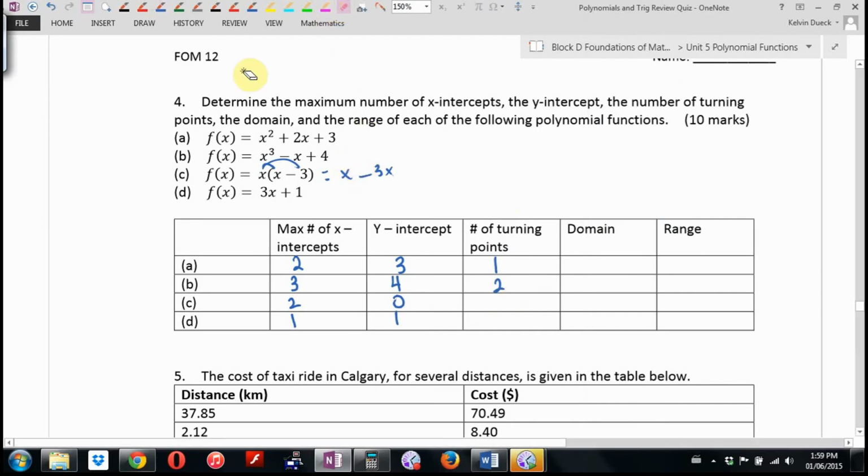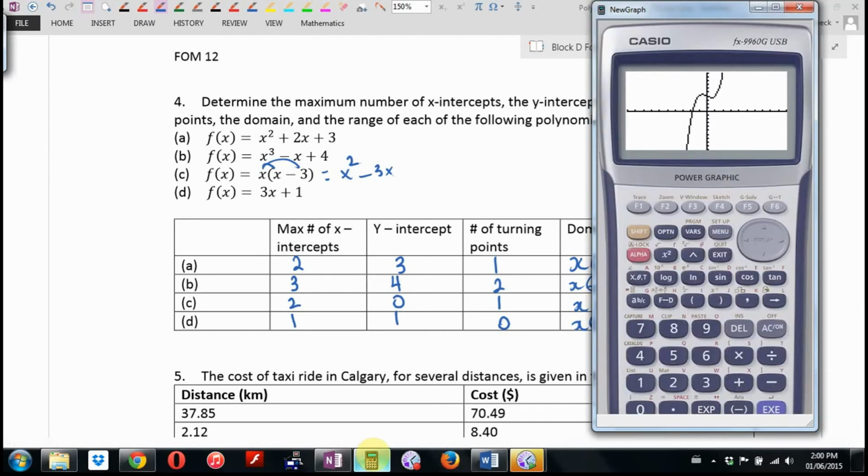Let's try instead of x cubed minus 3x, it's x squared. Quadratic, 1 turning point. Linear, none. Domain, all reals. All of these graphs go that way forever.